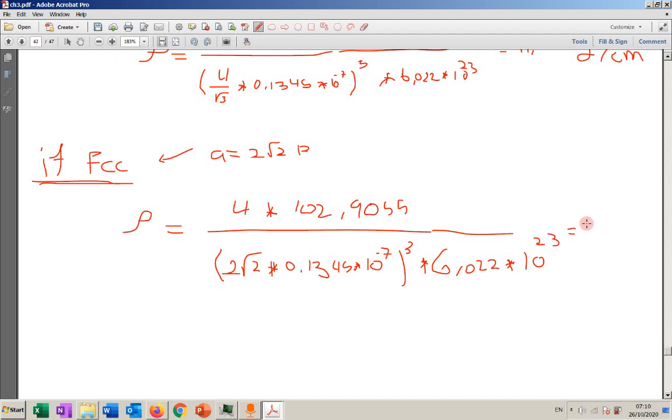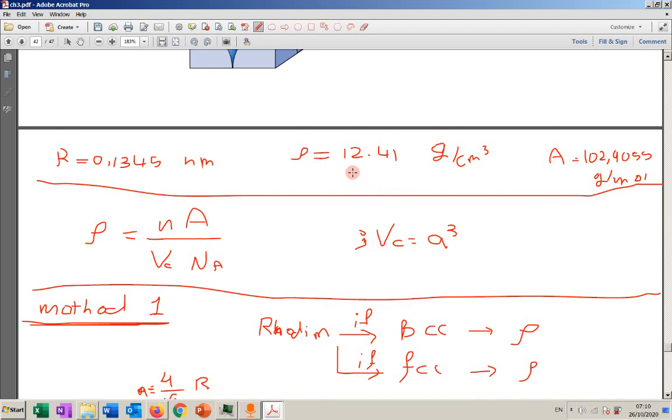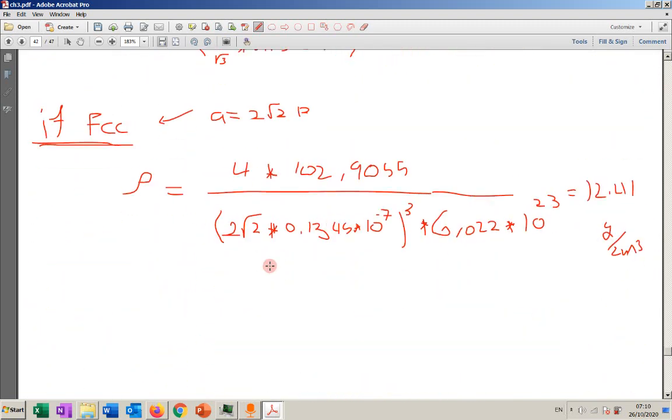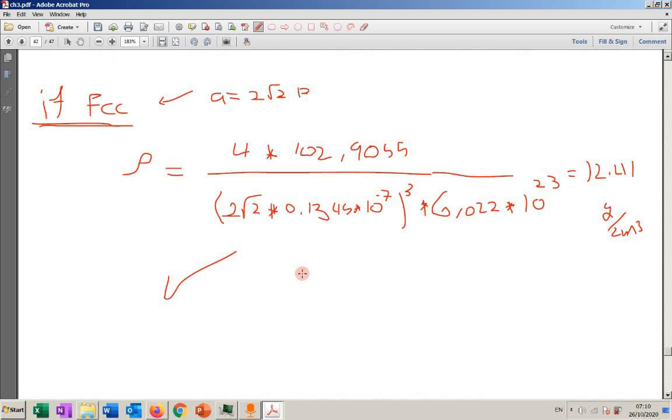That's going to give us 12.41 gram per centimeter cube. Now, if you check, the density that was given to us is 12.41, so we know which one it is. It's FCC. So you can say that rhodium has an FCC crystal structure.